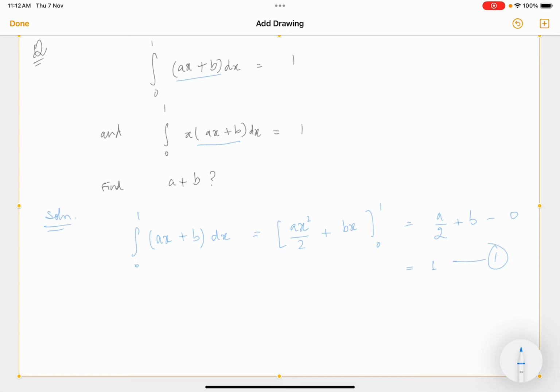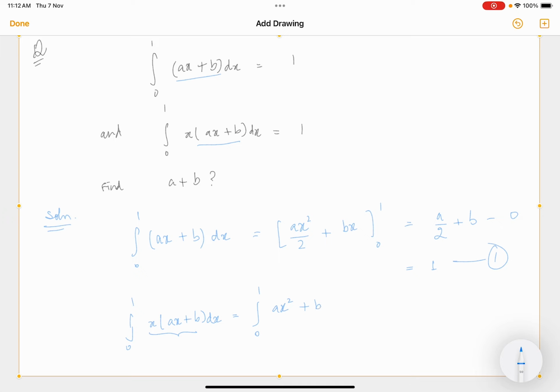Cool. Similarly, if you look at the second integral, you have 0 to 1 of x times (ax plus b) dx. Let's look at this as a quadratic polynomial, which is basically ax squared plus bx.